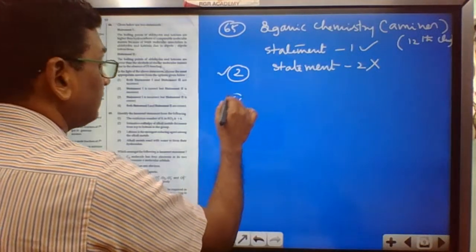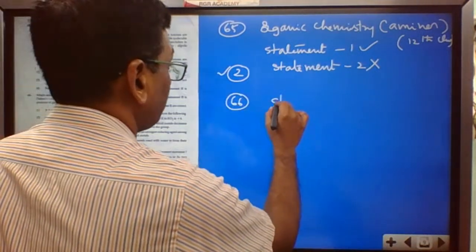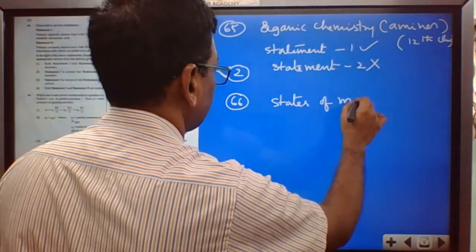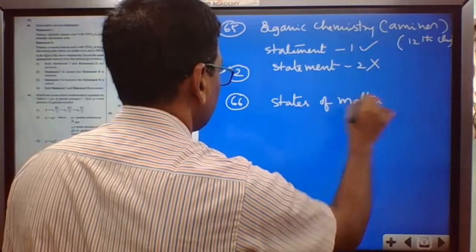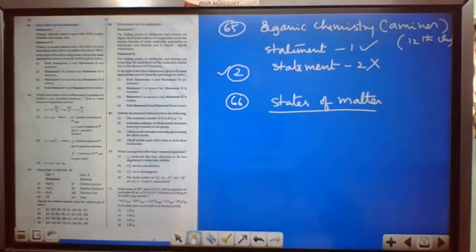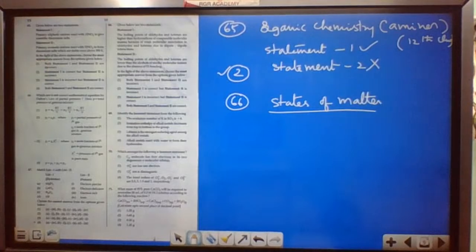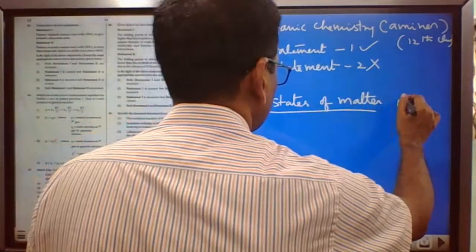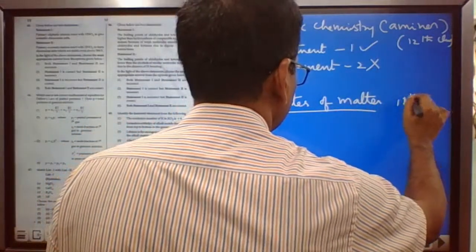Next, let us go to the next question. It is given from states of matter. Yes, definitely there will be one question from states of matter and atomic structure. Which are not correct mathematical equations for Dalton's law of partial pressures? We know Dalton's law of partial pressures. This is states of matter, belongs to 11th class.